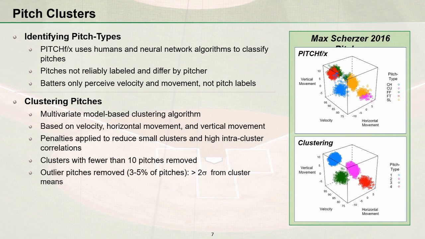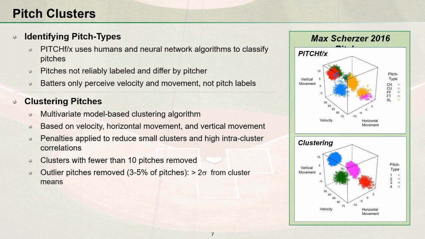Specifically, for my research, each pitcher's pitches were assigned to several different cluster configurations based on velocity, vertical movement, and horizontal movement. I applied penalties to minimize the number of small clusters and to reduce high intra-cluster correlations among pitches. And the number of clusters with the lowest adjusted Bayesian information criteria values were used for each pitcher.